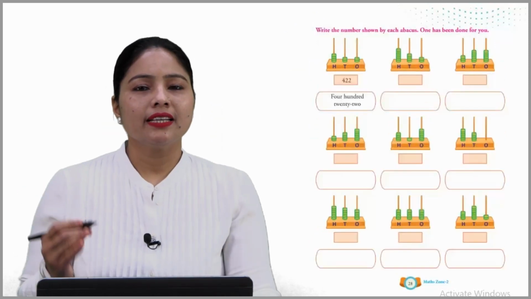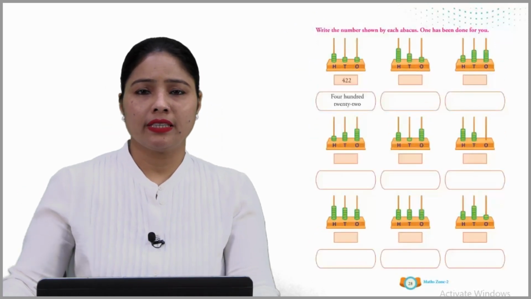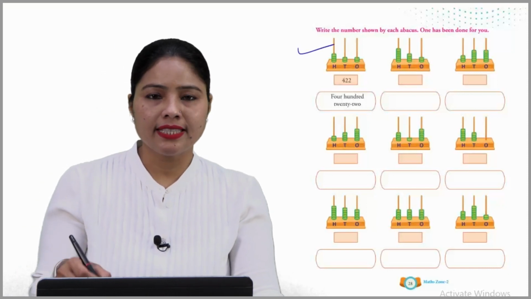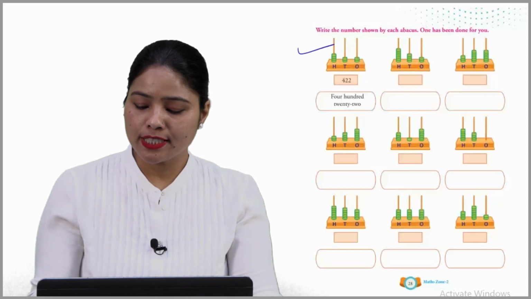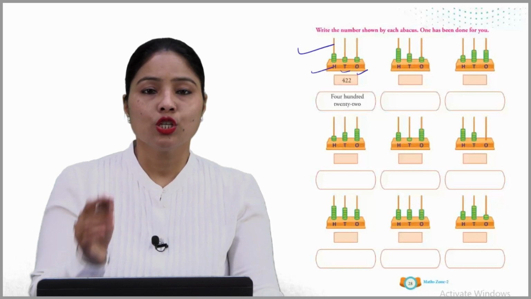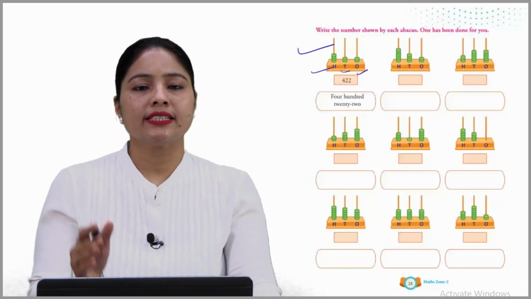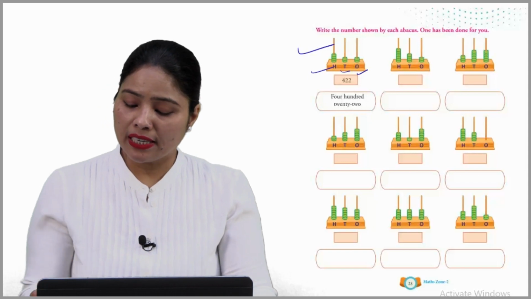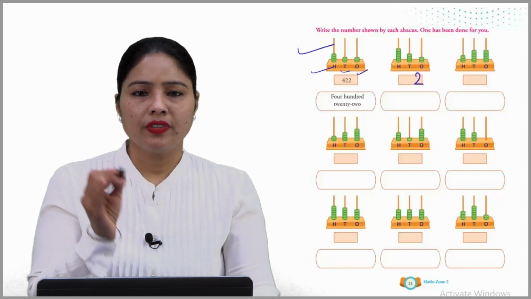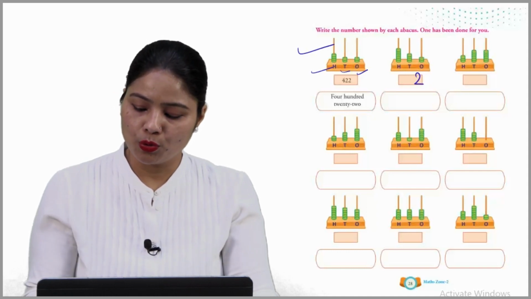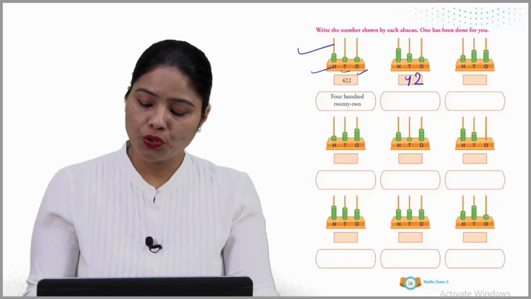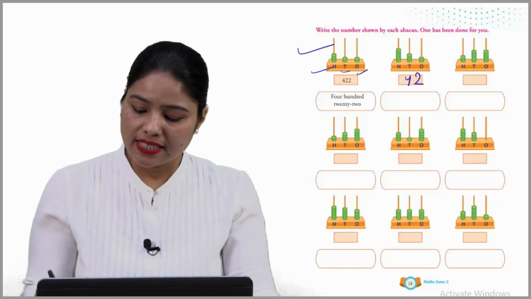Okay, write the number shown by each abacus. One has been done for you. Okay beta, so this is the abacus and these are beads. So at 1's place 2 beads, at 10's place 2, at 100's place 4 beads. So it becomes 422. Similarly, on that abacus 2 are there, so write 2. There 1, 2, 3, 4. So write 4 at 10's place and these are 1, 2, 3, 4, 5, 6 and 7.